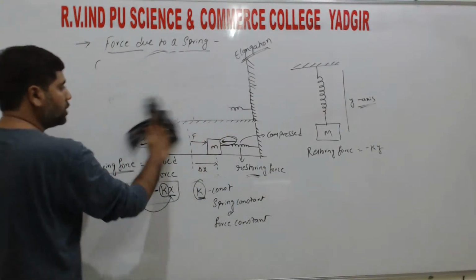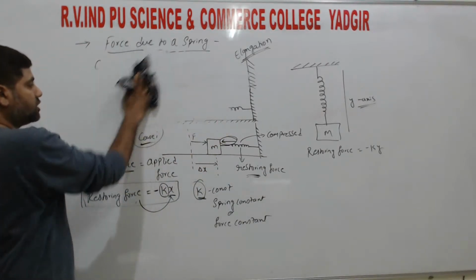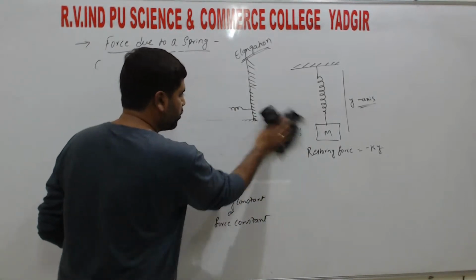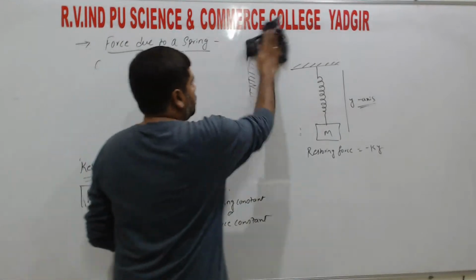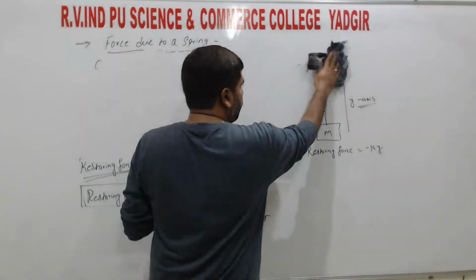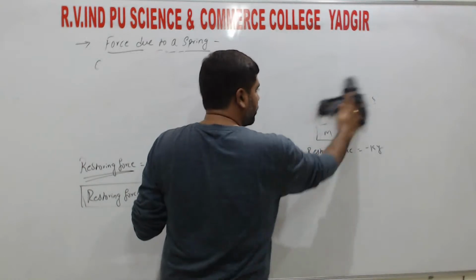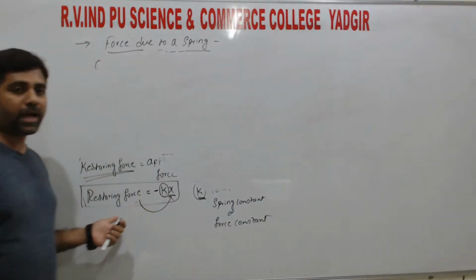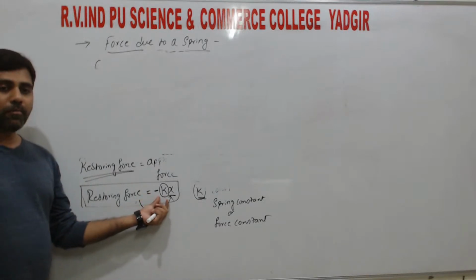In detail, we will study this in oscillations. Before oscillations, studying force here is a small part, that is for the formula. So whenever a spring comes in any problem, we immediately calculate the force using the formula minus kx.